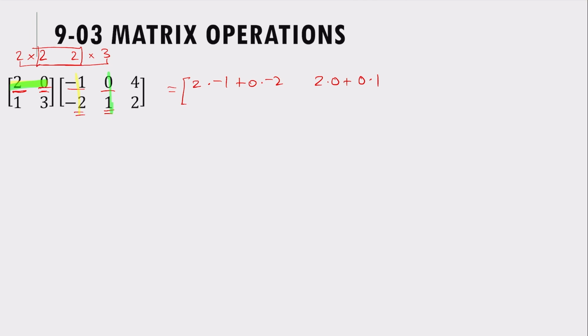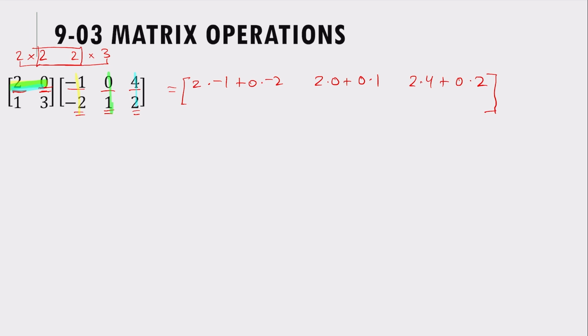How about we do first row, third column. So that's first row, third column. The answer will go in the first row, third column. So it'll be 2 times 4 plus 0 times 2. And now I've multiplied the first row with all 3 columns.